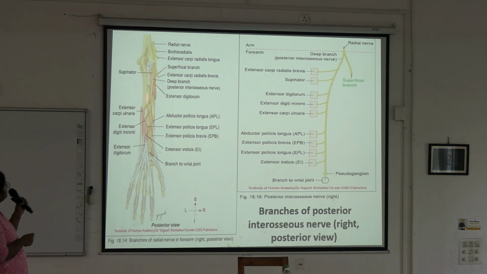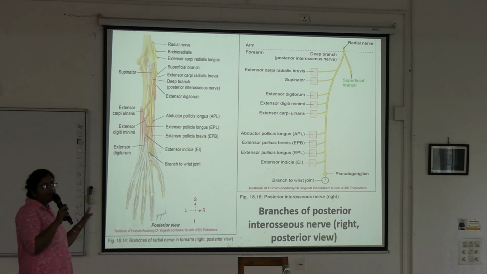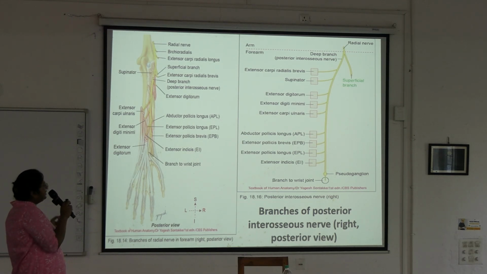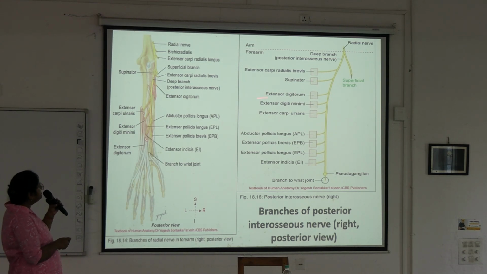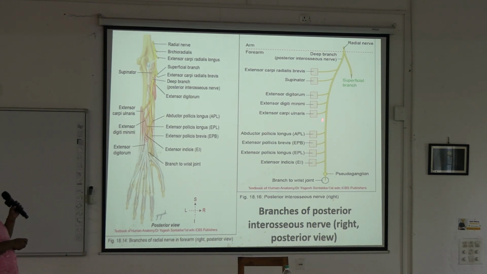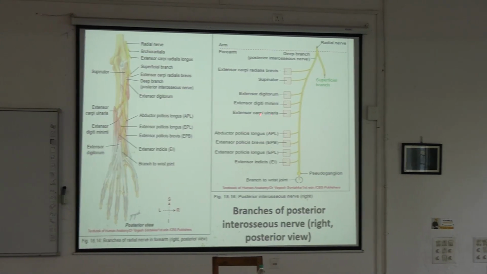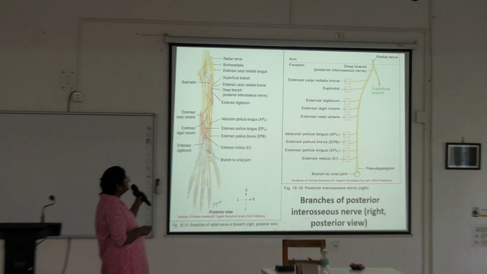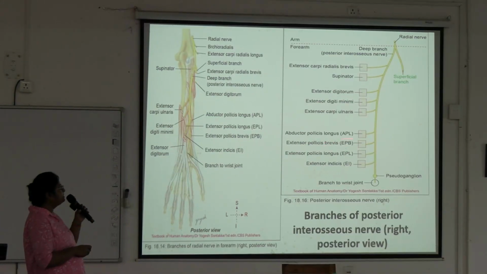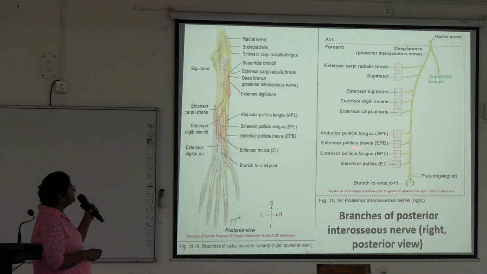After that, it enters the supinator, and within the supinator it supplies the supinator muscle. After coming out from the supinator, it supplies all these muscles: extensor digitorum, extensor digiti minimi, extensor carpi ulnaris, and these deep muscles, abductor pollicis longus, extensor pollicis brevis, extensor pollicis longus, extensor indicis.